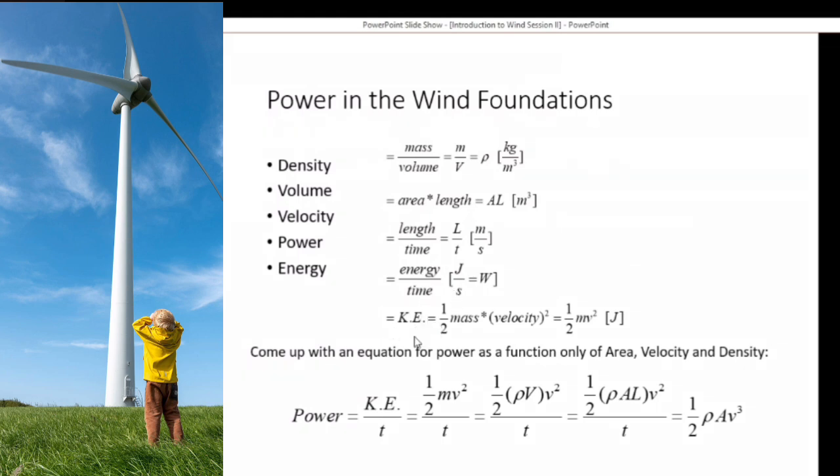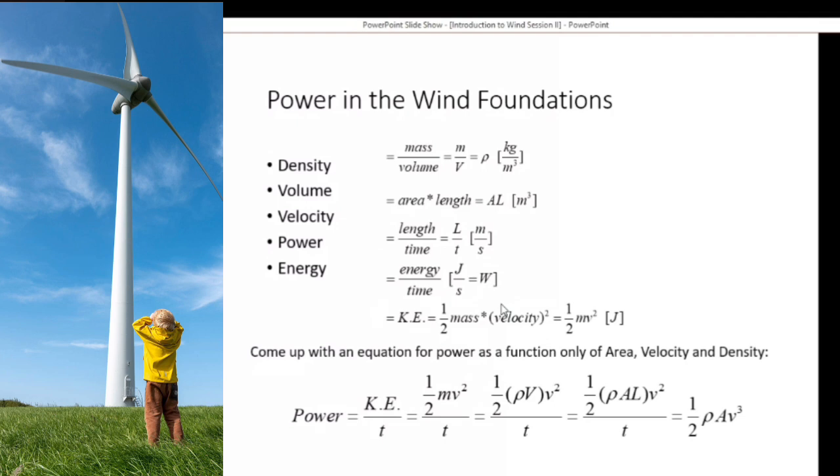energy, which is known, is just 1/2 mass times the velocity squared. This kinetic energy of a blade is the mass of the blade times the velocity at which it is rotating.